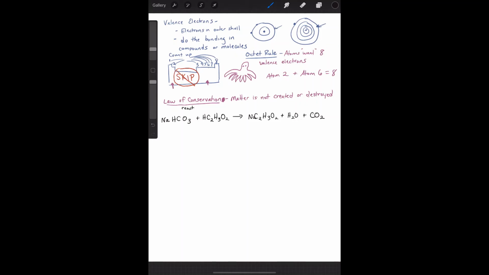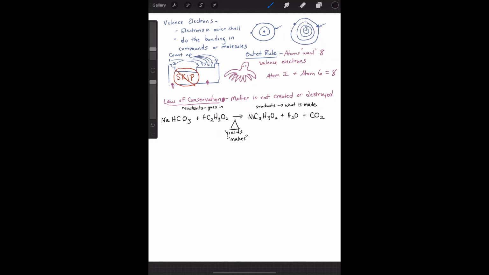I'm going to write reactants, and that's what goes into a chemical reaction. And then I have products, and that's what is made in a chemical reaction. So this symbol here, the arrow, we read as yields. And that just kind of means that's what it makes. It's like an equal sign that only goes in one direction.